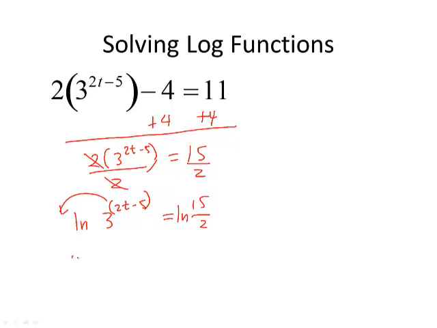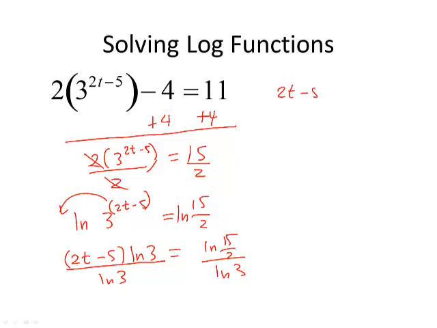So now I have 2t minus 5, all of that times the natural log of 3 is equal to the natural log of 15 over 2. Divide both sides by natural log of 3, and that's going to give me 2t minus 5 is equal to natural log of 15 over 2, over natural log of 3.